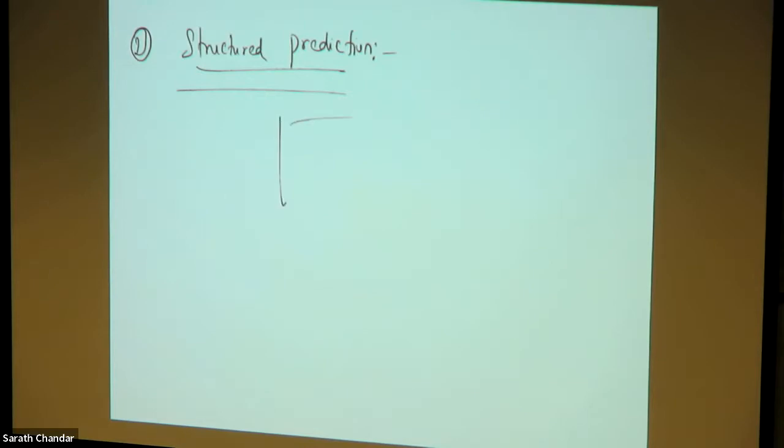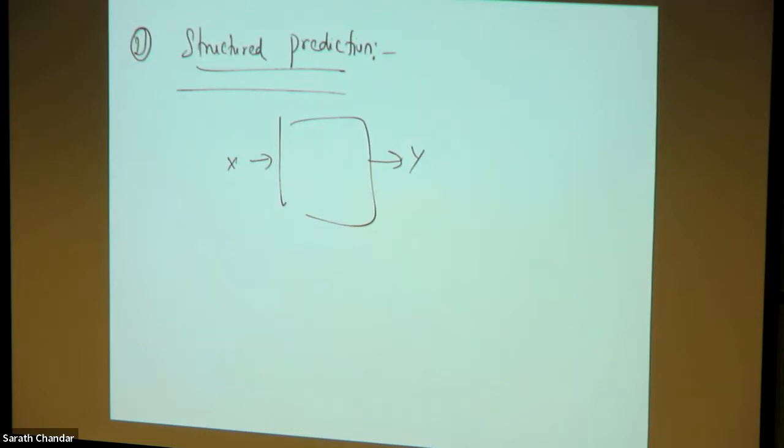Now, the second problem that I want to talk about is the problem of structured prediction, which is a generalization of the prediction problem that we have seen so far. So far when we talked about prediction, we had a single X vector going to the system, and you're making a prediction which is probably a Y vector, right?